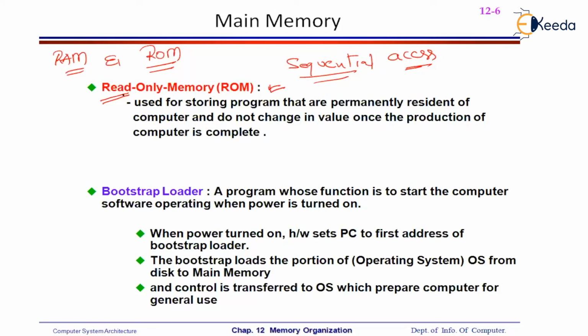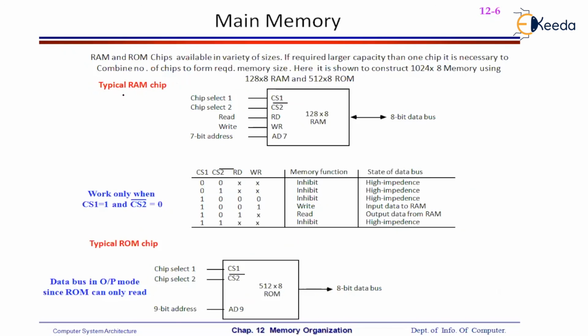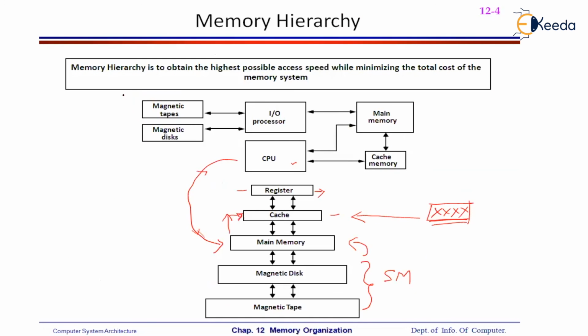Try to understand. There are a few essential programs that need to be stored in the computer system all the time, right? When you switch on the computer system, first of all, the operating system will be loaded. I will show you here. When you boot a computer system, these are the events that happen.